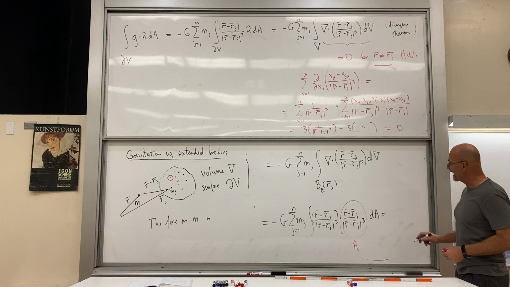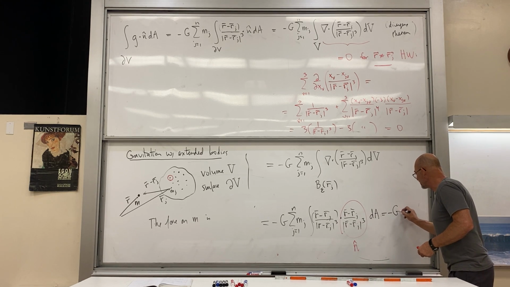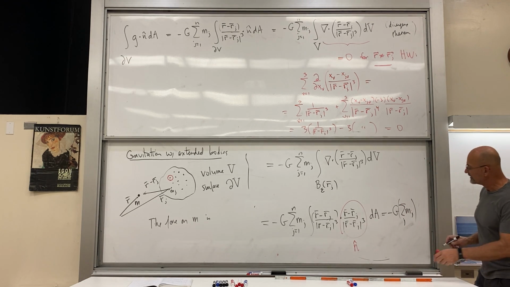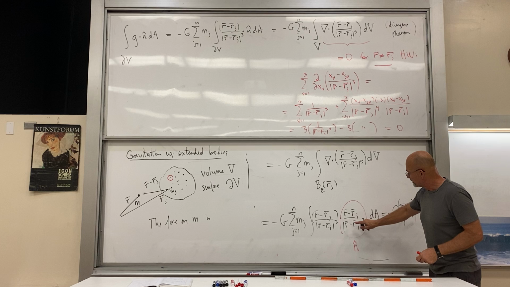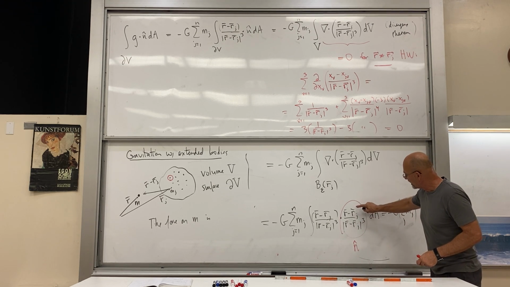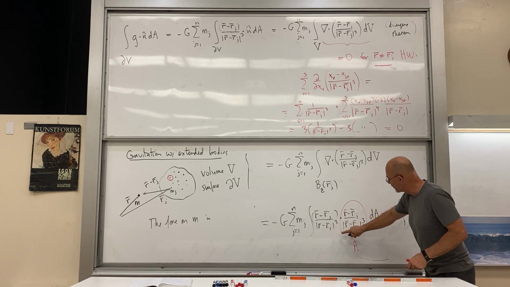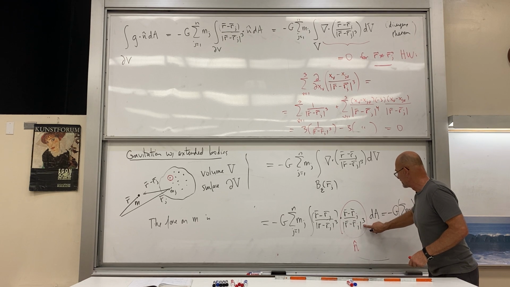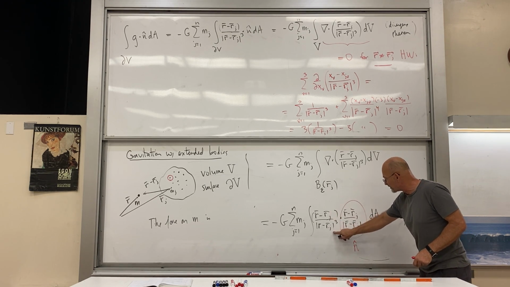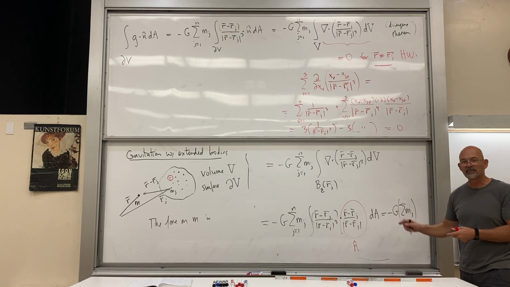And I can squeeze the answer in here. It's minus G, sum over all the masses inside. And this integral here turns into epsilon squared over epsilon to the 4th times 4 pi epsilon squared.